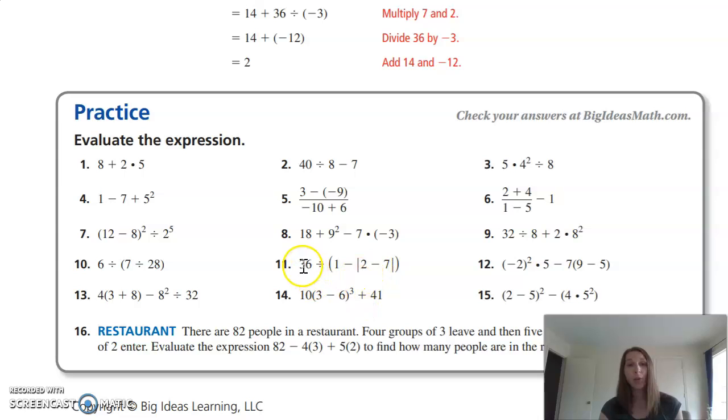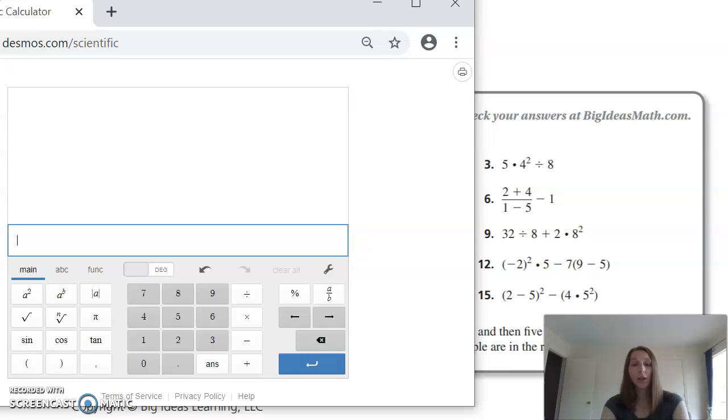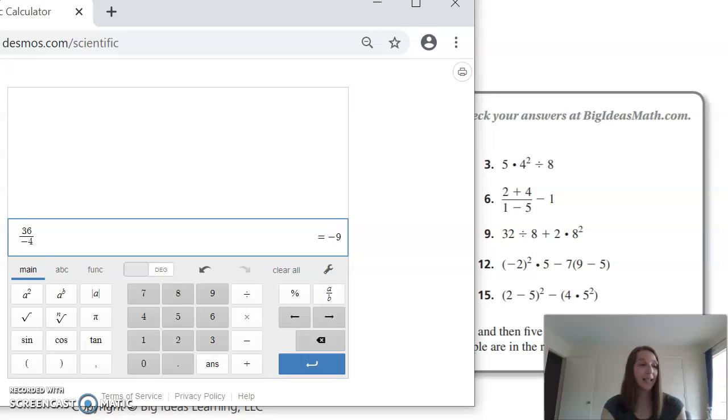Okay, so then we can go back to 36 divided by negative 4. Okay, 36 divided by negative 4 is negative 9. Okay, took a different way than we previously have done those. And just remember, absolute value is what is that worth completely.